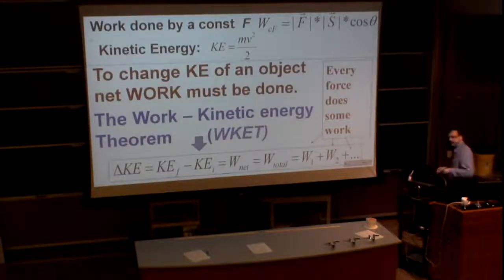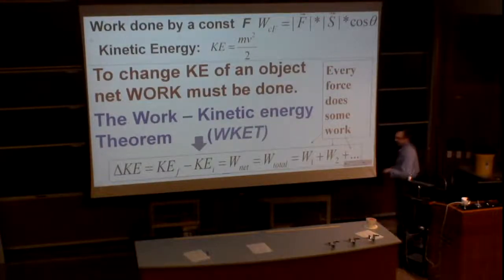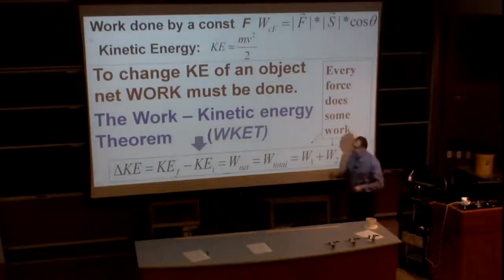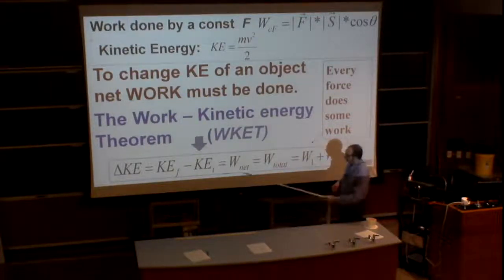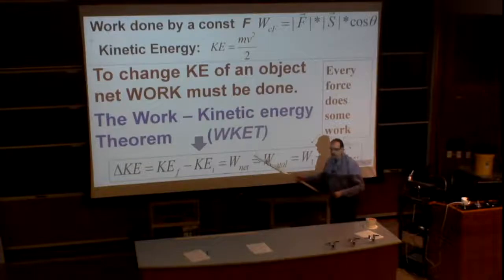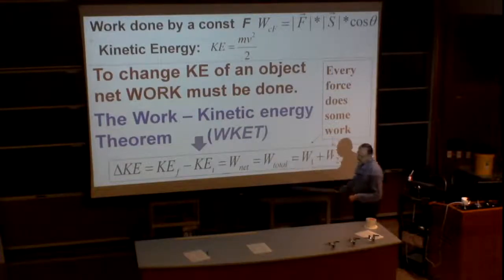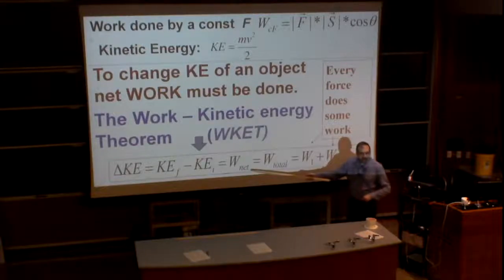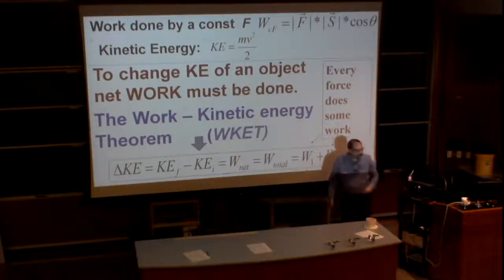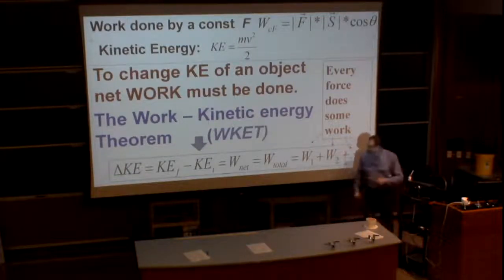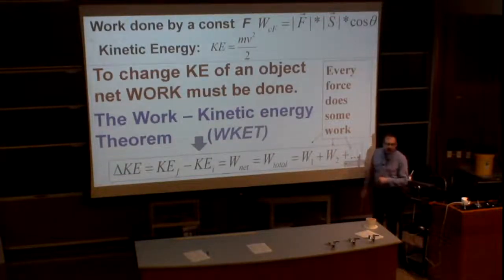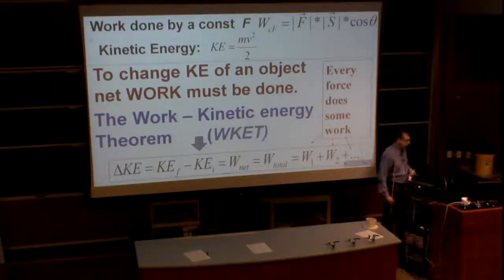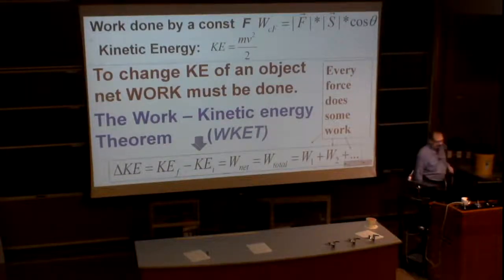For any mechanical situation, when kinetic energy changes, it is always equal to the net work done on that object or on that system. Another name, total work done on that object, or in simple terms, the sum of work done by all individual forces.